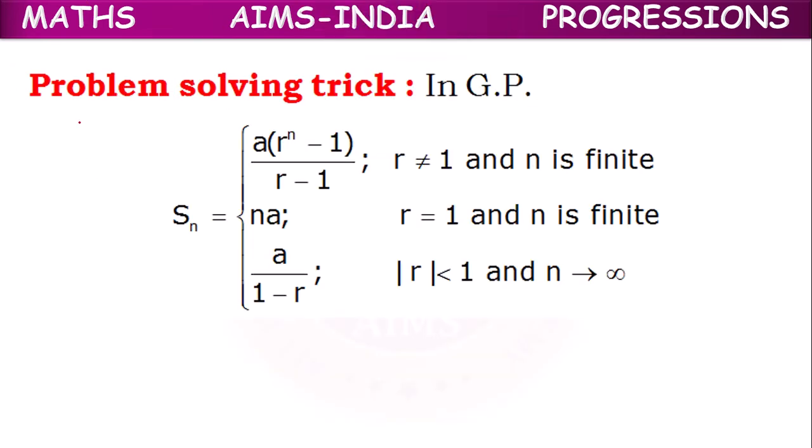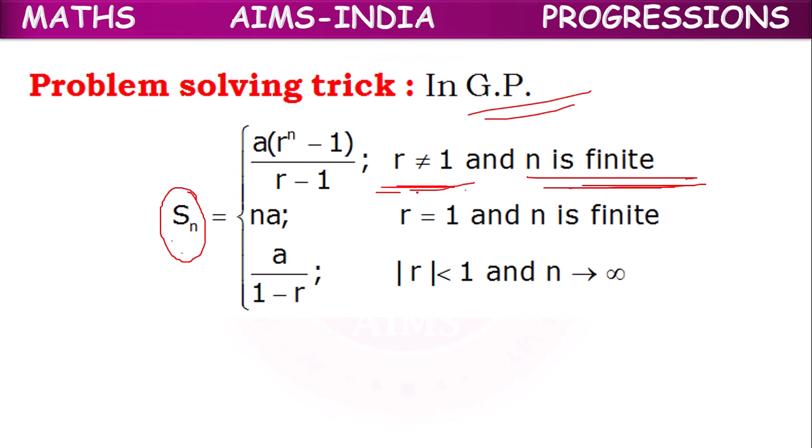So now we have learned different formulas for the sum of GPs. Suppose we want to find the sum of n terms of a GP. If n is finite and r is not equal to 1, then the general formula is a into r power n minus 1 by r minus 1.